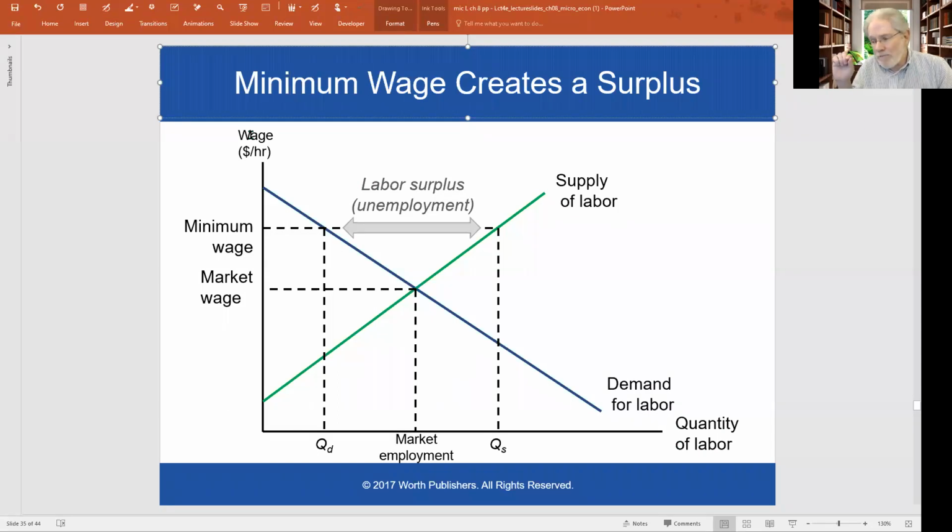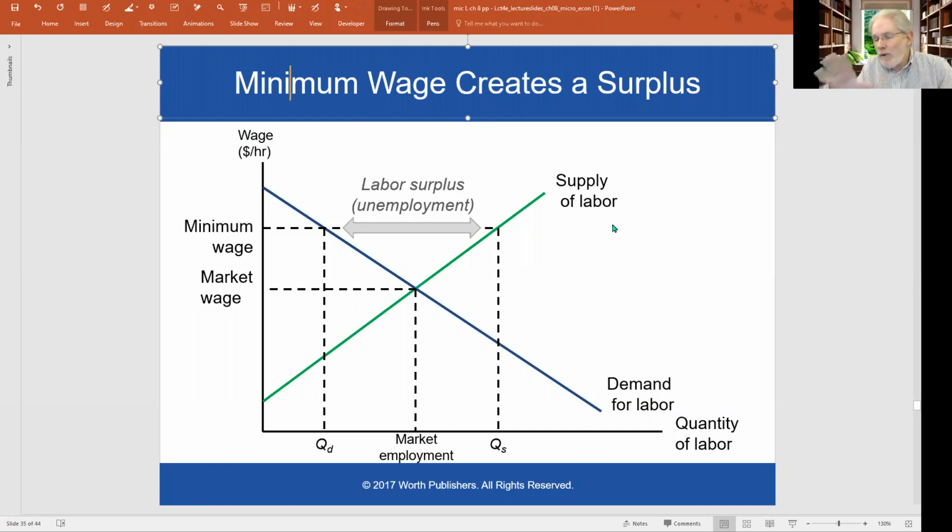So we are looking at a particular market here, the labor market, but it's really no different from other markets. You have a demand curve, you have a supply curve, you have an equilibrium price. And if the price is above that level, certain things will happen. And if the price is below that level, certain predictable things will happen. Okay?